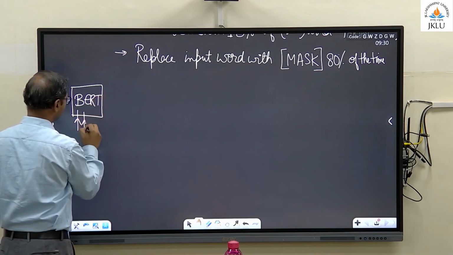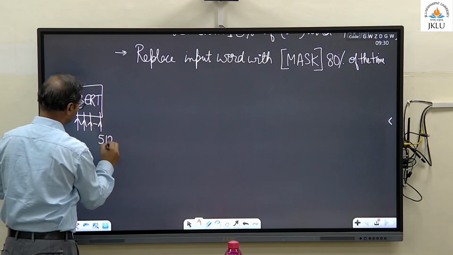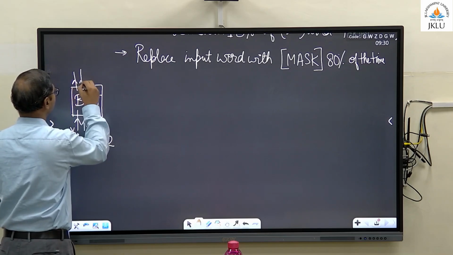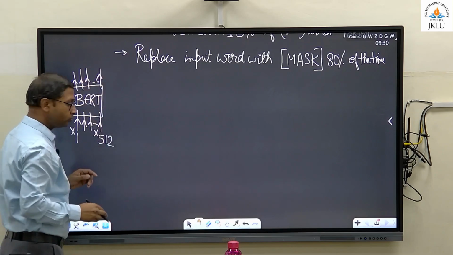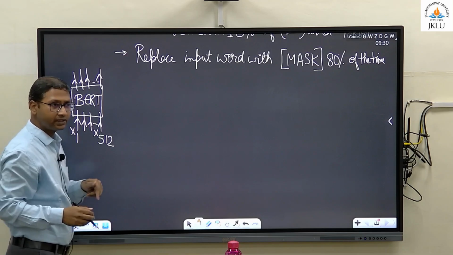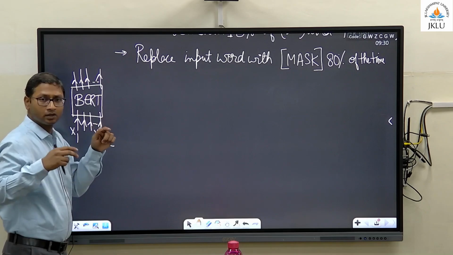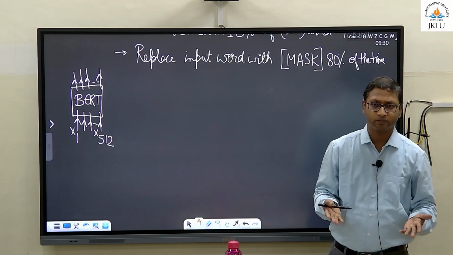How many inputs do I have? 512. And how many outputs will I have? Of course 512, and each vector is of dimension 768, and this whole BERT is a 12 layer encoder.